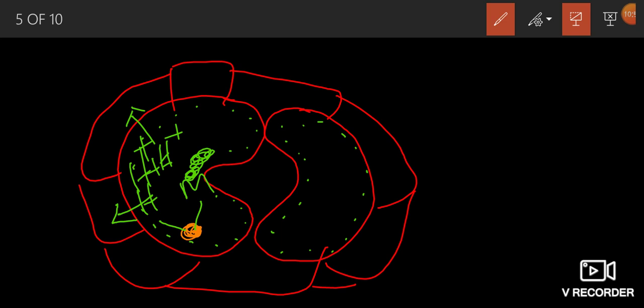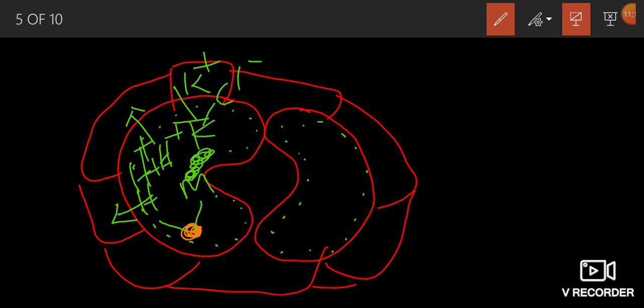At the same time, to maintain equilibrium, K plus and Cl minus enter into the guard cells.